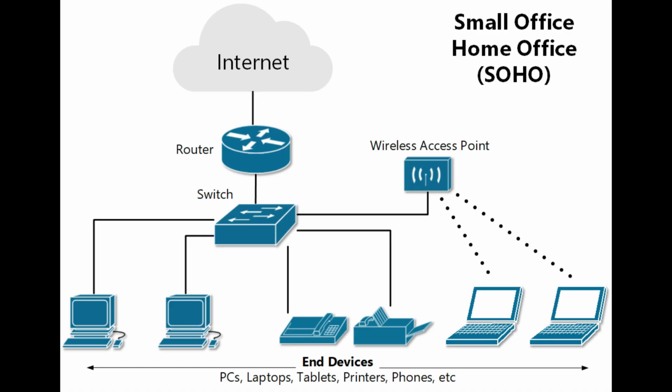In this home office setup, a SOHO topology may involve a single router gateway device that is connected to the internet service provider, ISP. End user devices such as laptops and phones can be connected to the router wirelessly, and desktops can also be connected to the router through a wired connection.